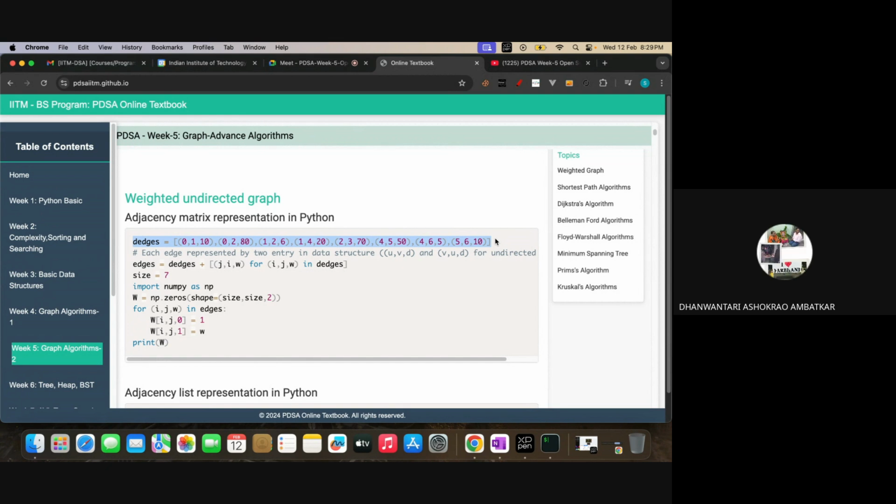So what they did is, they are making a double of edges. Double of edges means another copy is created. 0 to 1 is there; 0 to 1, 10 it creates, and 1 to 0, 10 is also created. That is done by the existing edges, already available edges, plus they are using a list comprehension.